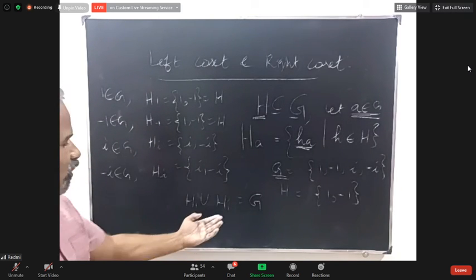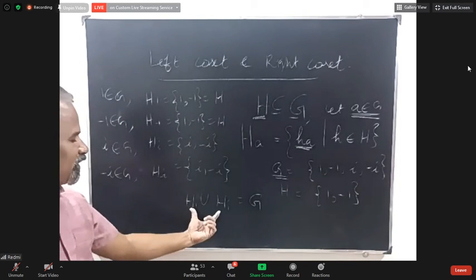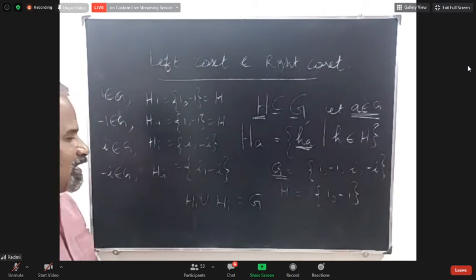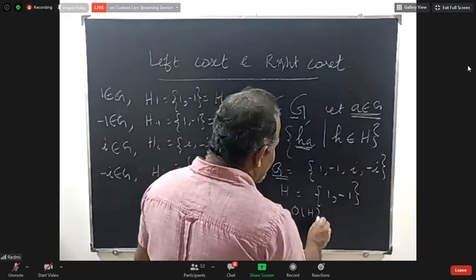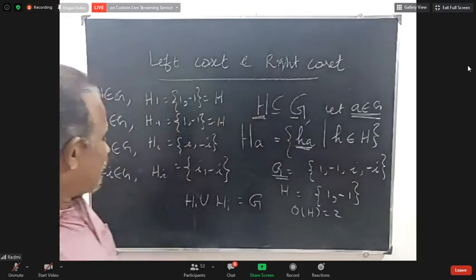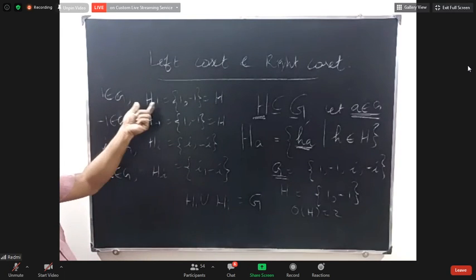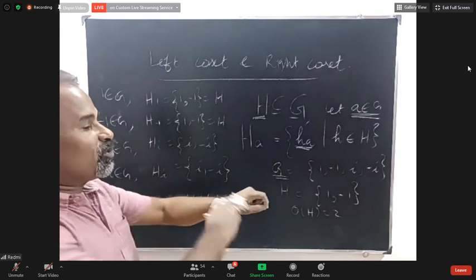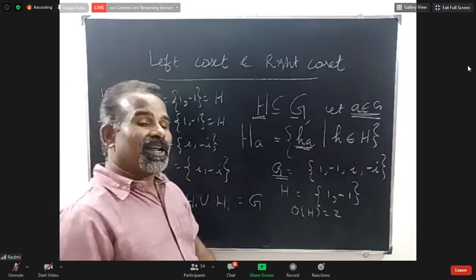Now, this G can be partitioned into two sets. Suppose the order of H is equal to 2 here. The order of H1 is also 2, the order of H(-1) is also 2, and the order of HA is also 2. So there is no change in the order.